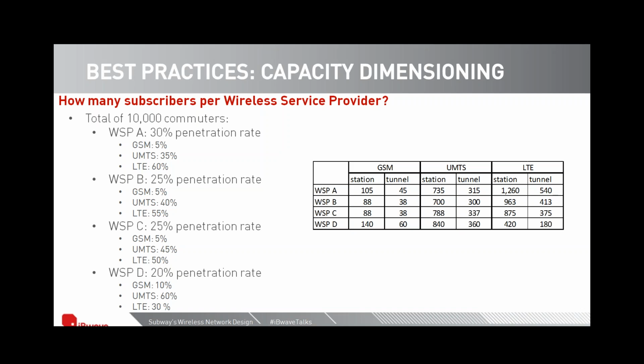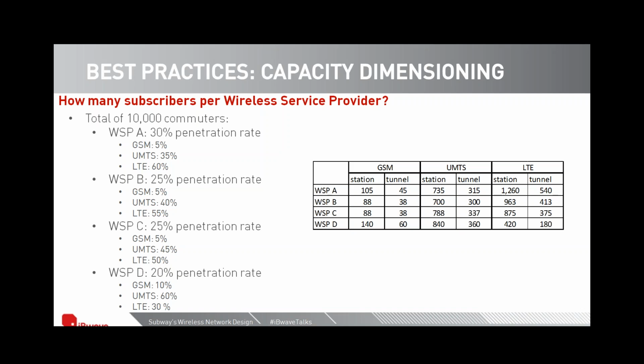Wireless service provider A has a 30% penetration rate. The next 2 have 25% each. Wireless service provider D has a 20% penetration rate. Now, a trickier part: we need to figure out the percentage of those customers that are actively using GSM service, UMTS service, and LTE service.